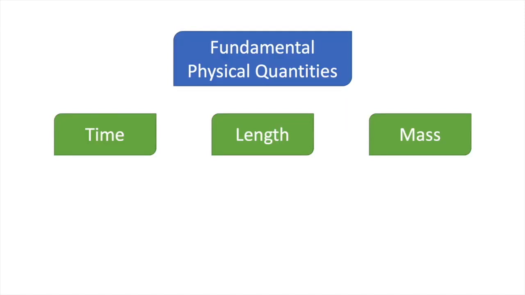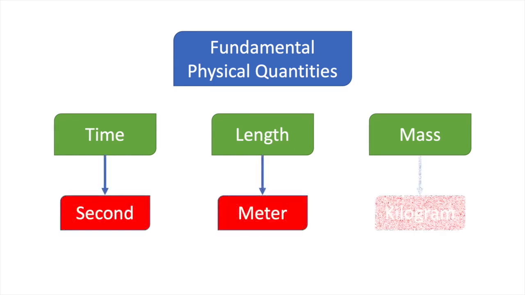Anyway, the key takeaways from this whole discussion are that time, length, and mass are fundamental physical quantities, and that the second, the meter, and the kilogram are respectively the base units for those quantities, which are all defined very, very precisely. And now that we have base units for the fundamental quantities, defining units for the other derived quantities is an easy task.